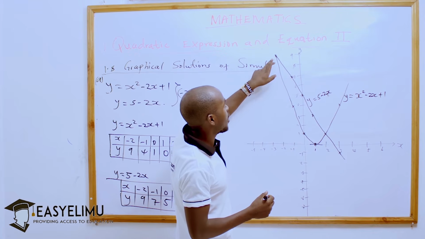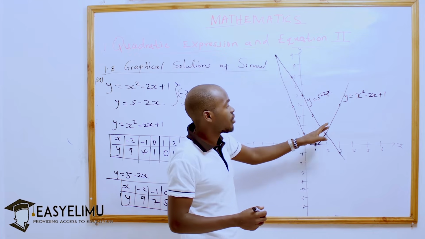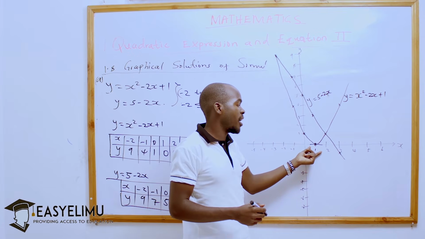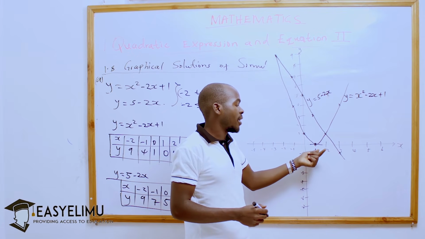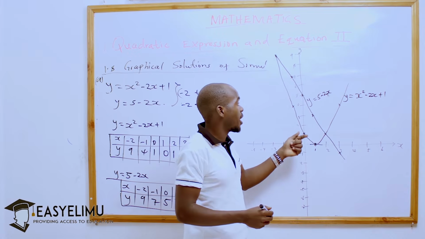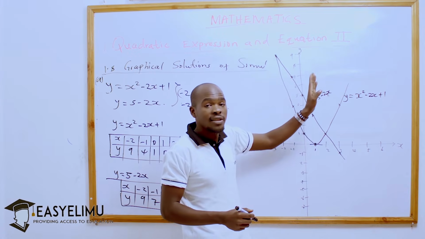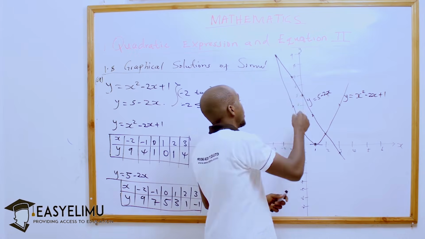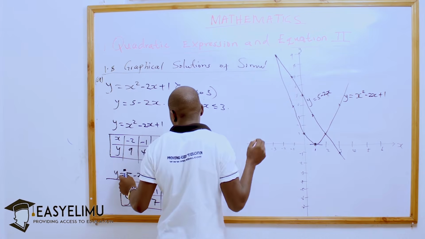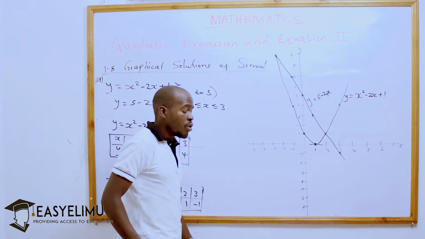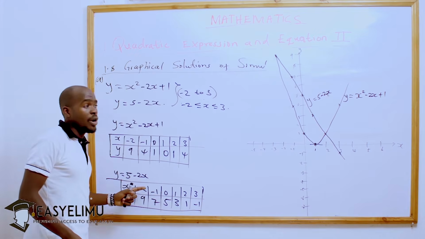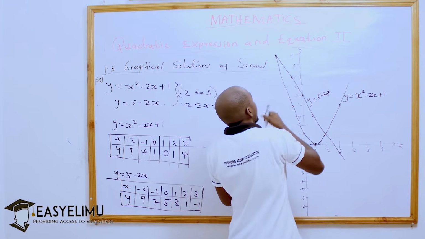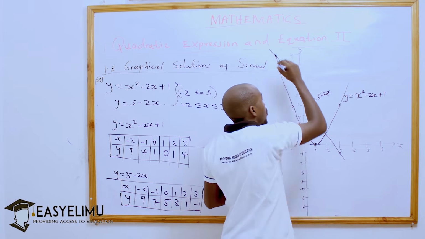On drawing it, you will find that the graph of the quadratic function turns at x equals 1. So it turns at that point, which is the minimum point of the graph. And then if we draw the linear function y equals 5 minus 2x, it passes and cuts the graph at two distinct points.